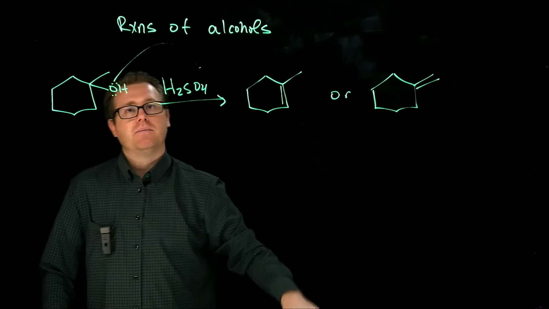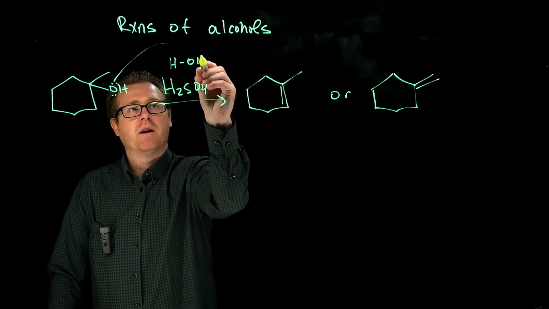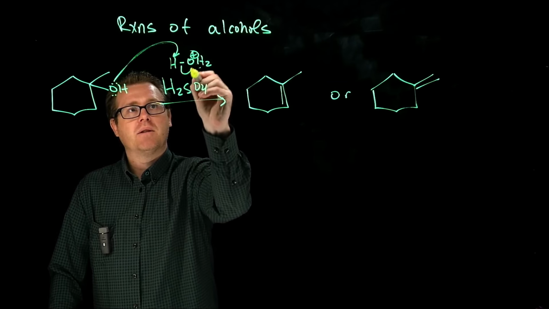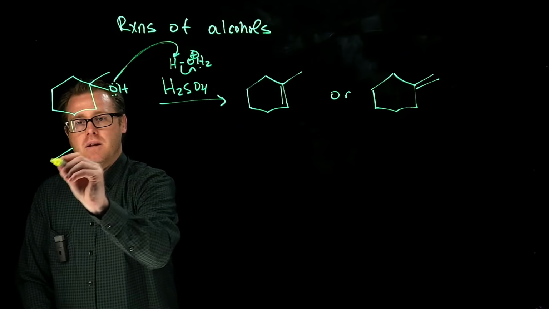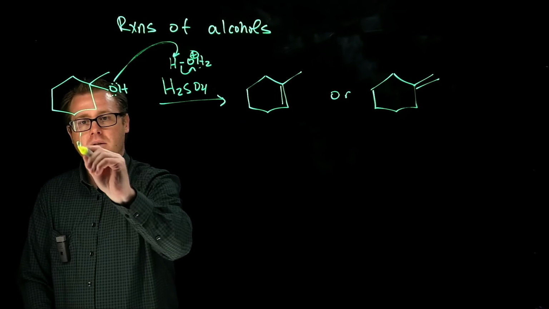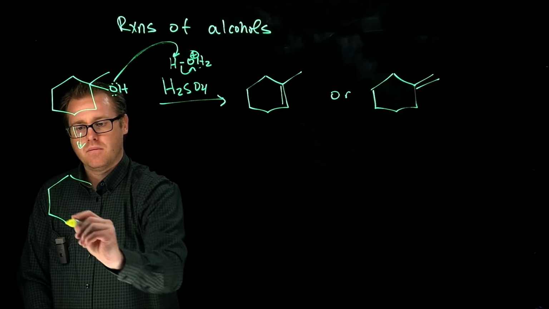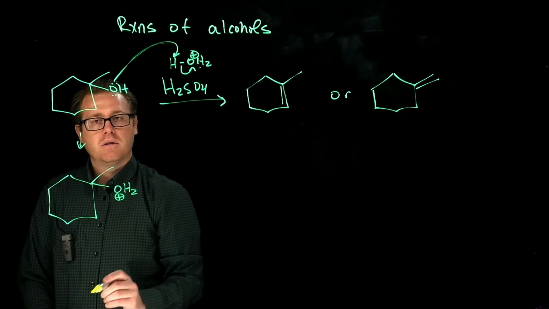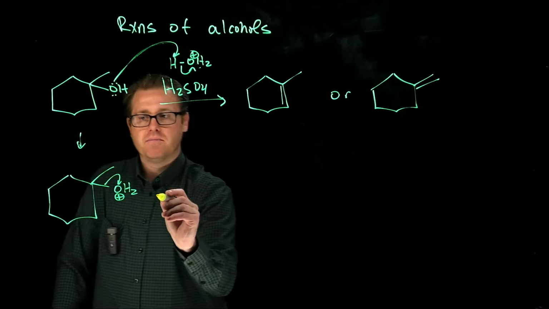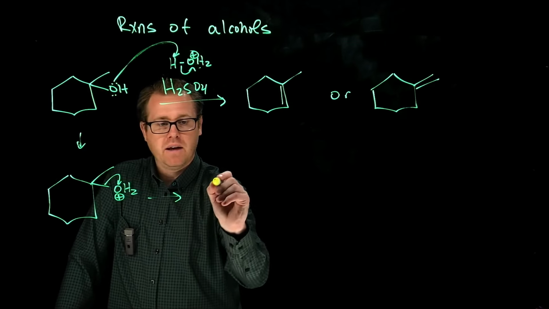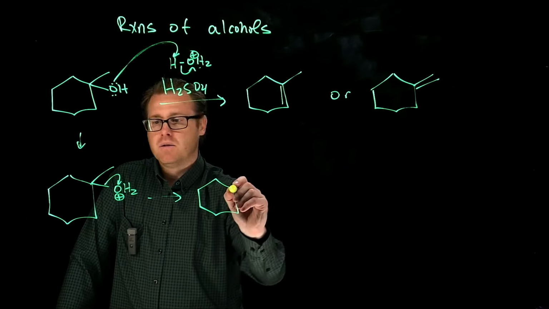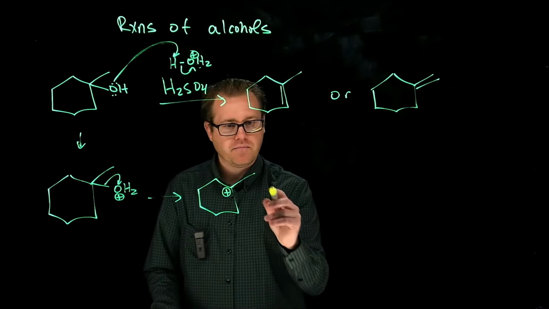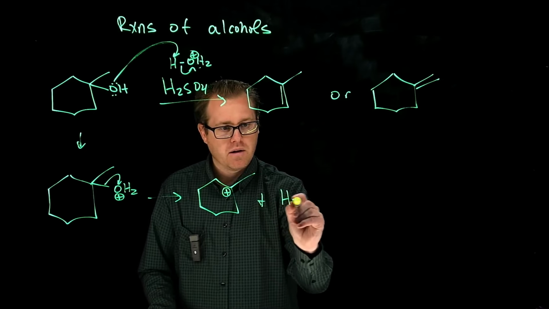Let's redraw that. So we have our hydronium right here. What's the first step? It's going to grab the proton, right? And then that's going to come down here. It's going to be water now. The water's going to leave because we're invoking an E1 mechanism. Now we have a tertiary carbocation plus water.